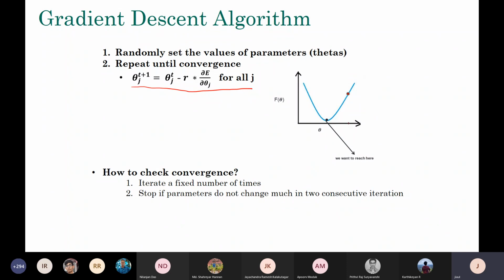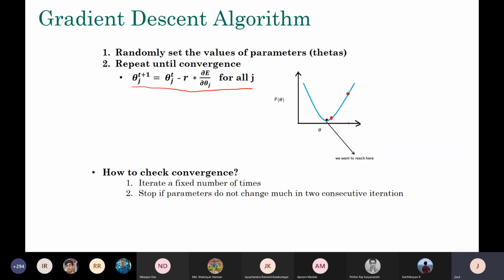For example, in some iteration you are at this particular point, and in the next iteration probably you are here. If you measure the differences of the parameter values in these two consecutive iterations, you will see the differences are very small. That means you are very close to the local minimum at least, so you can also stop based on that.